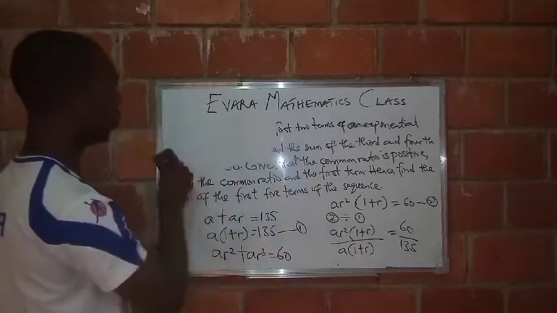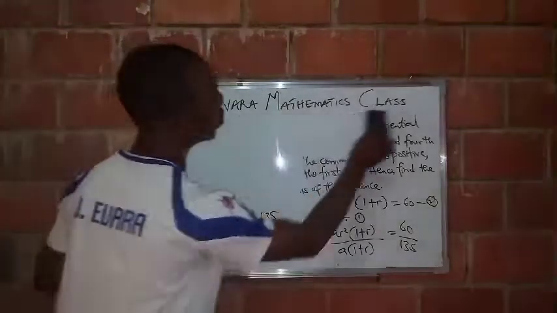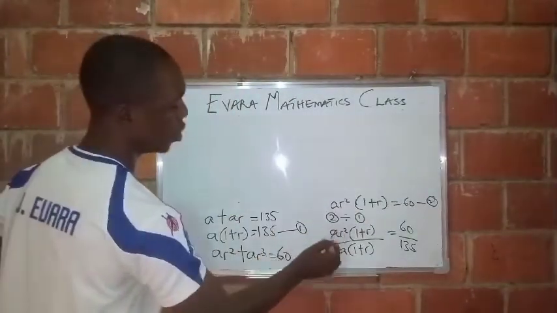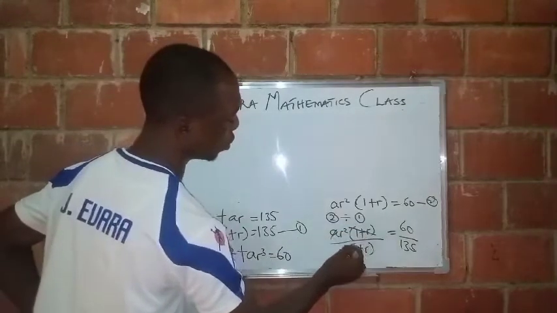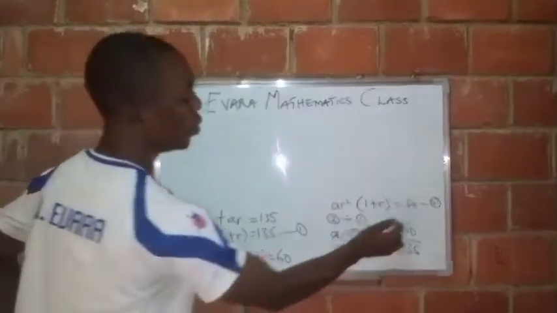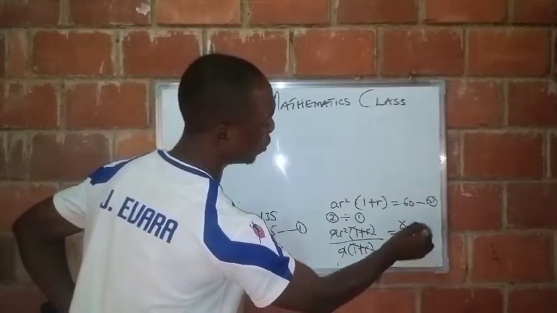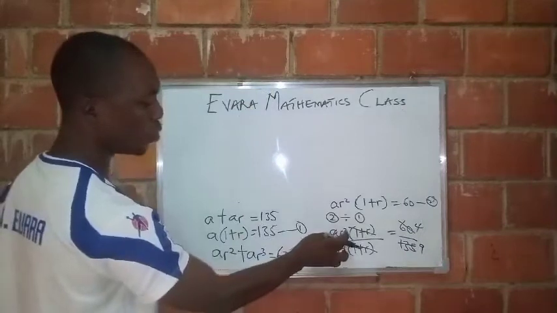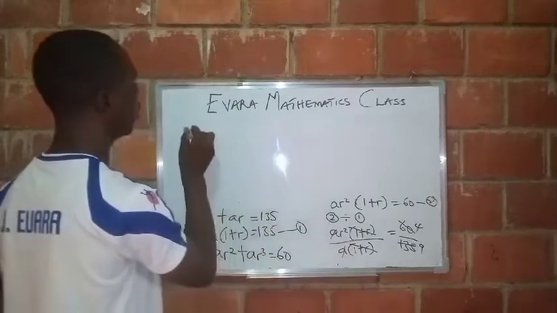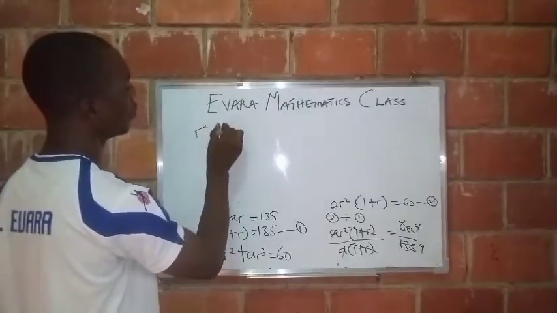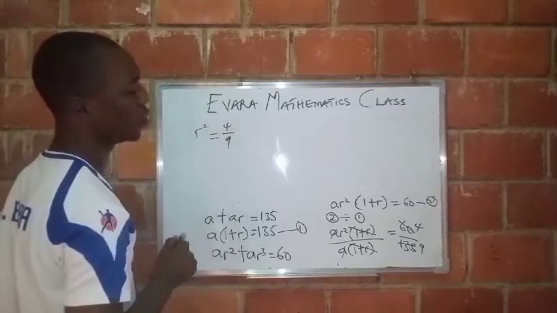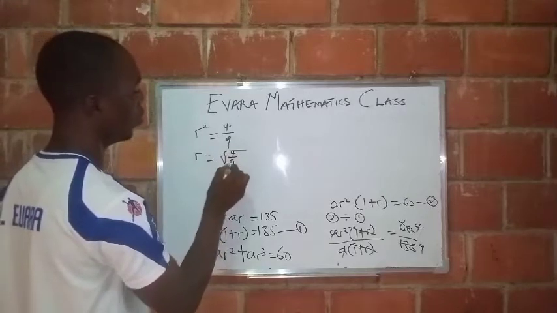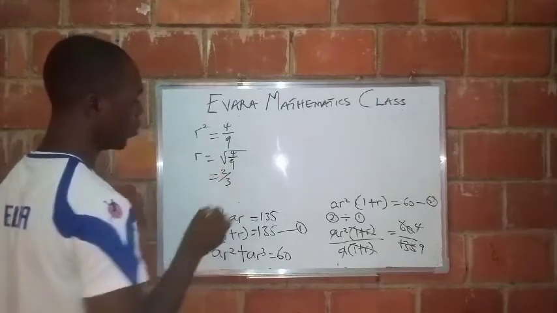So if we simplify further, A divides A, 1 plus R also divides 1 plus R. In 60 here, 15 divides 60 4 times, 15 divides 135 9 times. So we are left with only R squared at the left hand side. R squared equals 4 over 9.